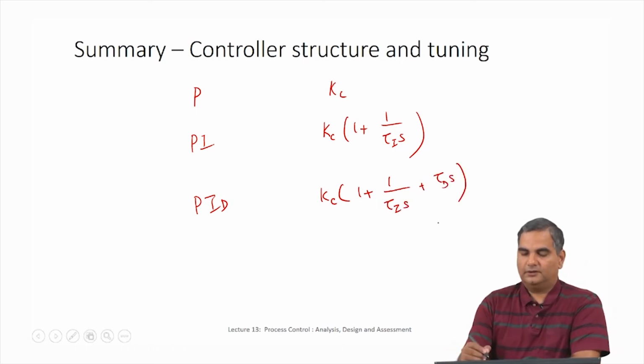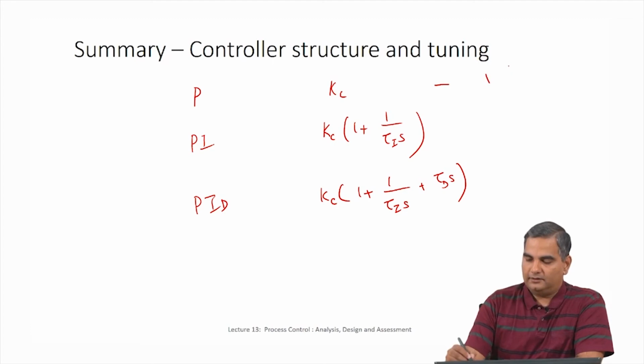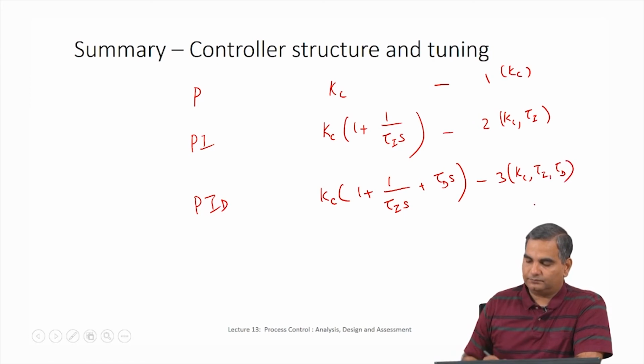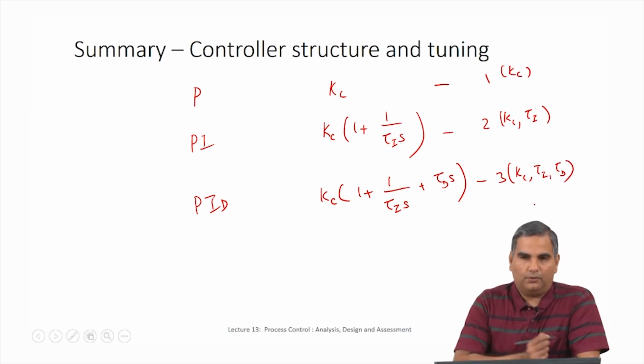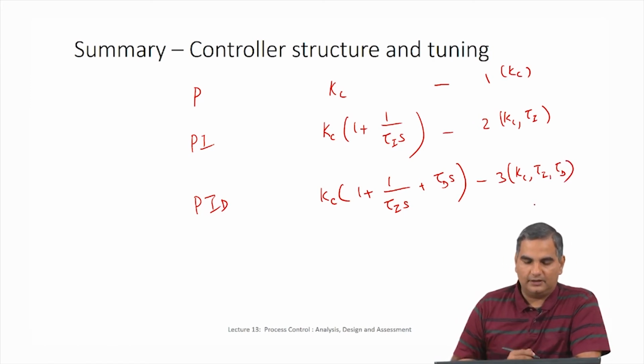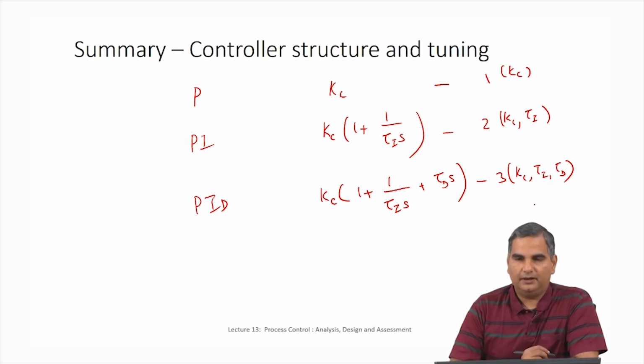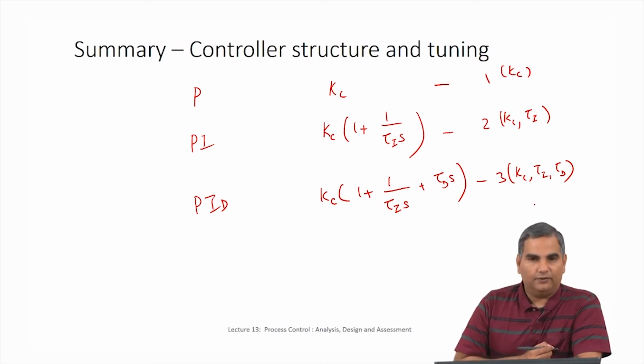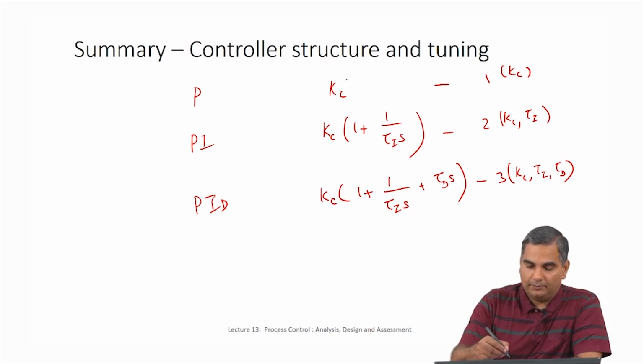Okay. So, this has one parameter Kc, this controller has two parameters Kc and tau I, and this controller has three parameters Kc, tau I and tau d. So, when we talk about choosing a control structure, we talk about whether we are going to choose a PI or a PID controller. That is what we talk about when we talk about a controller structure. And when we talk about tuning, then we talk about what values we keep for Kc.